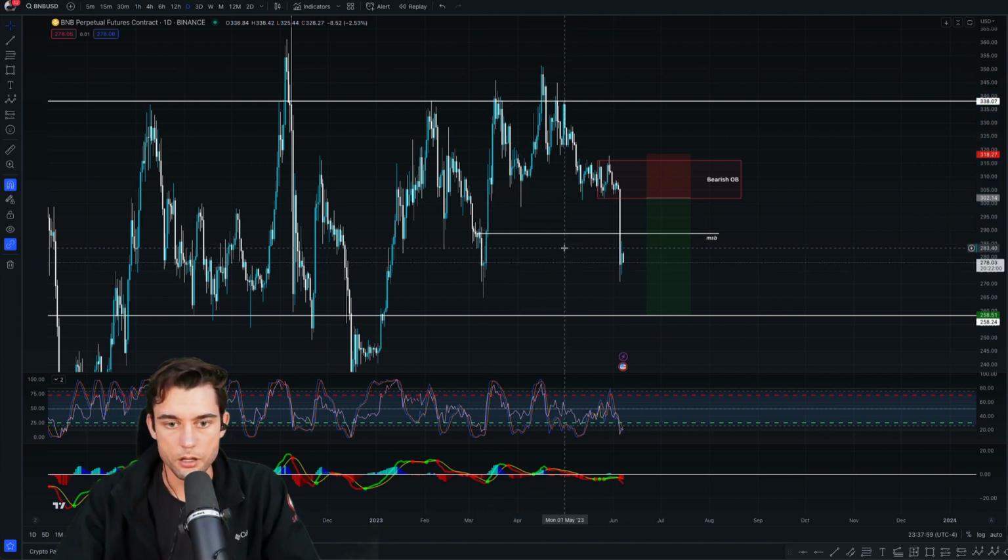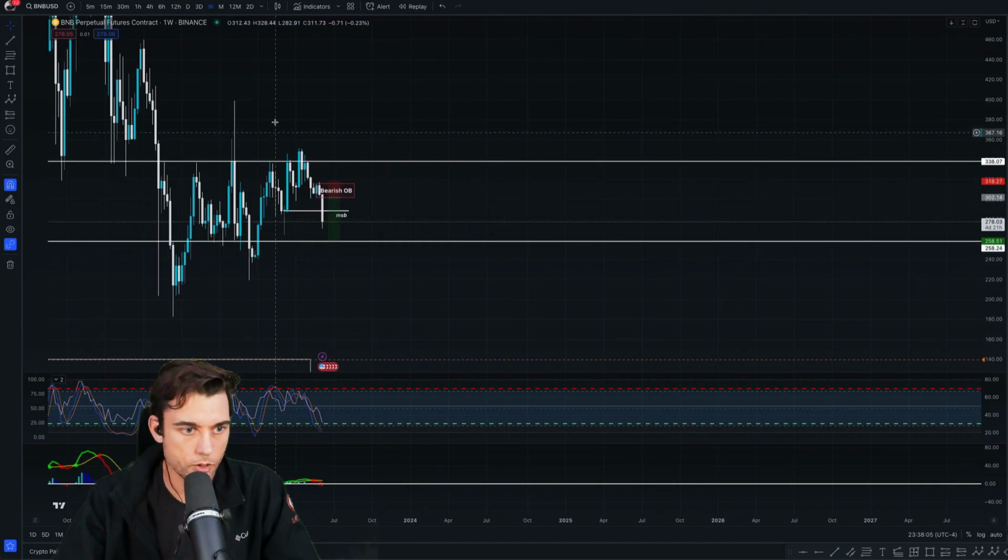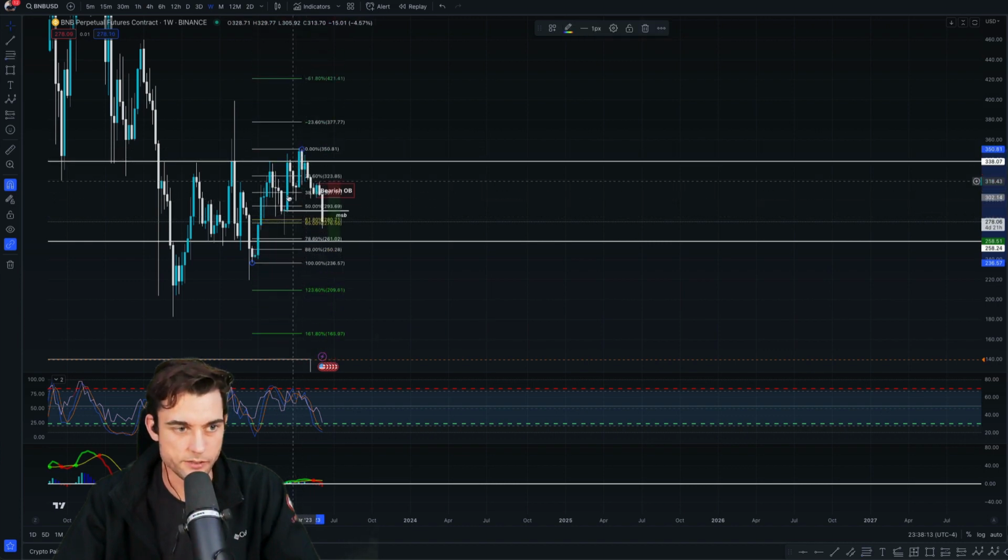Maybe the weekly time frame is a little bit better. 1, 2, 3, 4, 5. Okay, so yeah, this is what I was talking about. 1, 2, 3, 4, 5. So this is 5 moves up, and then, you know, it comes back down.